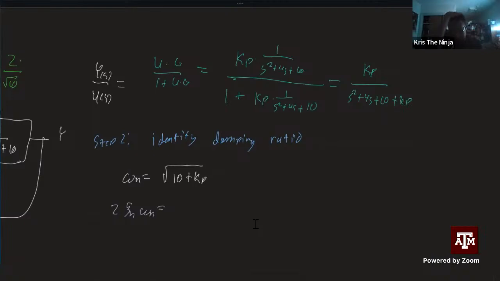Well, we need to figure this out now. But we know from the last part of the problem that zeta n equals 2 over the square root of 10. But we now just need to add Kp because that's what omega n is.